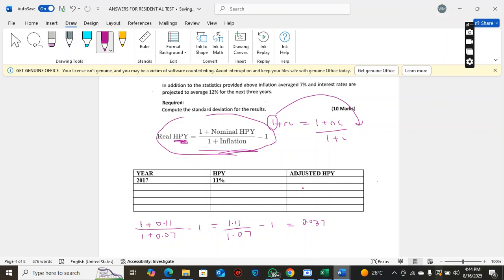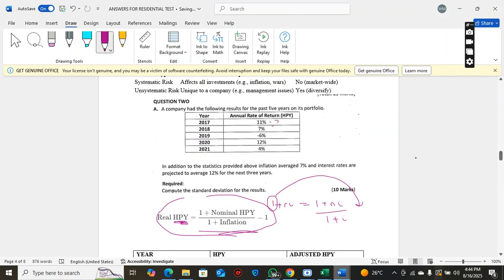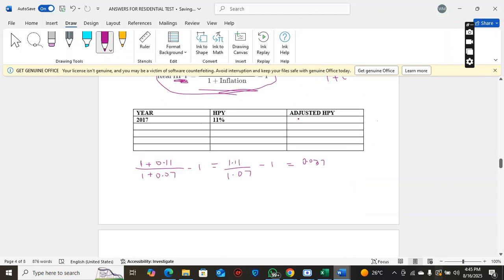So after inflation, when you account for inflation, your actual return is 3.7%. As I said earlier, if you forget this formula, 11 minus 7, you're supposed to get 4%. So the answers are almost close. It's just that this one's more accurate; the other will give you a rounded-off figure. So here is 0.037. We'll keep them as decimals.